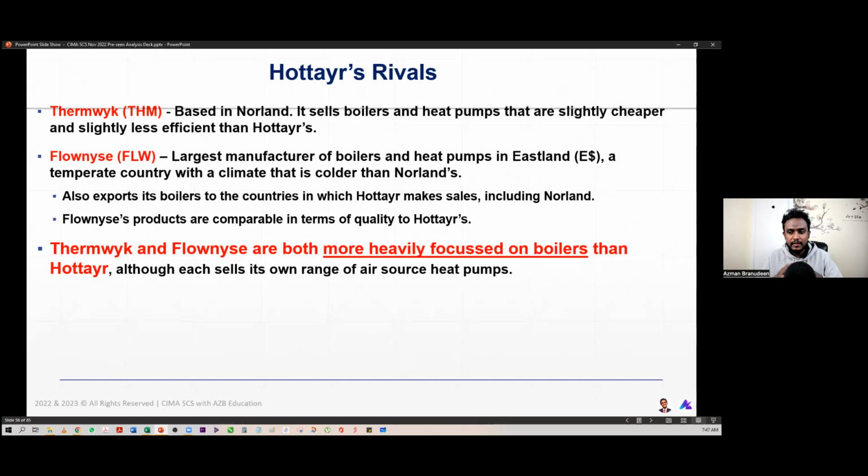It's a temperate zone country with a climate that is colder than Norland's, right? So probably a bigger or better market. What you have to understand is when we looked at Norland's climate, we realized that temperatures don't really go below 15 degrees Celsius, right? And that's a very safe zone for heat pumps when you place the evaporator outside, because practically nothing really happens and there's enough heat to capture as well.